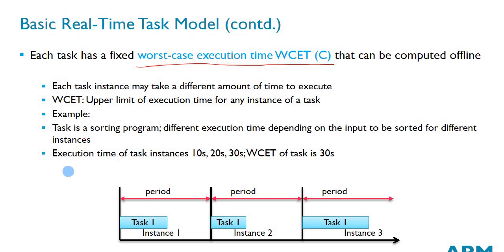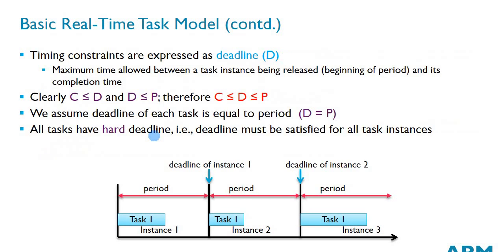Take for example a sorting algorithm. If the data is small, I can complete it very fast. If the data is large, it can take a longer amount of time. So the worst case execution time depends on how the code is written for the particular task, as well as the upper bound on the amount of data that I'm going to deal with. So that is the worst case execution time for the task.